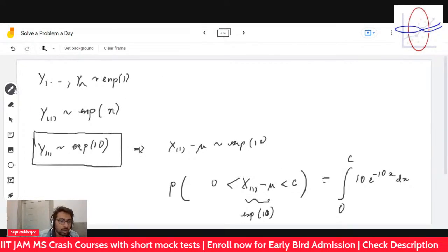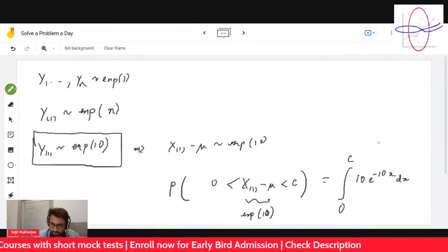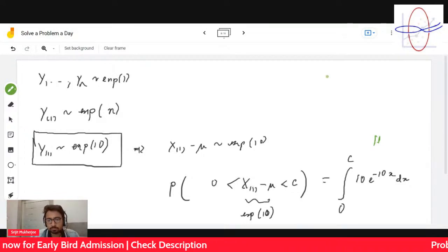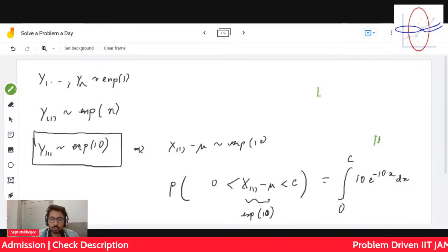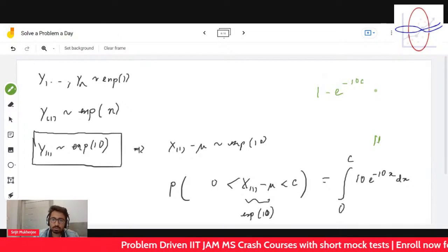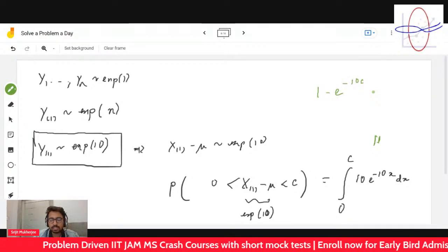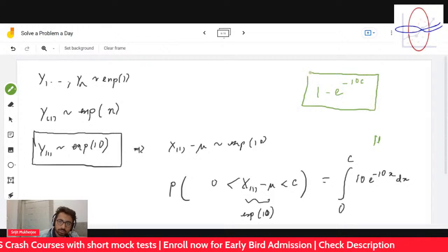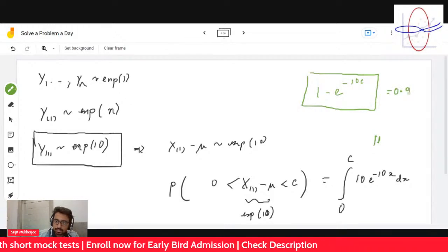Your homework is to find the solution of this and show that, as far as I remember, it's equal to 1 minus e to the power minus 10c. Now, if you observe, this needs to be 0.9.